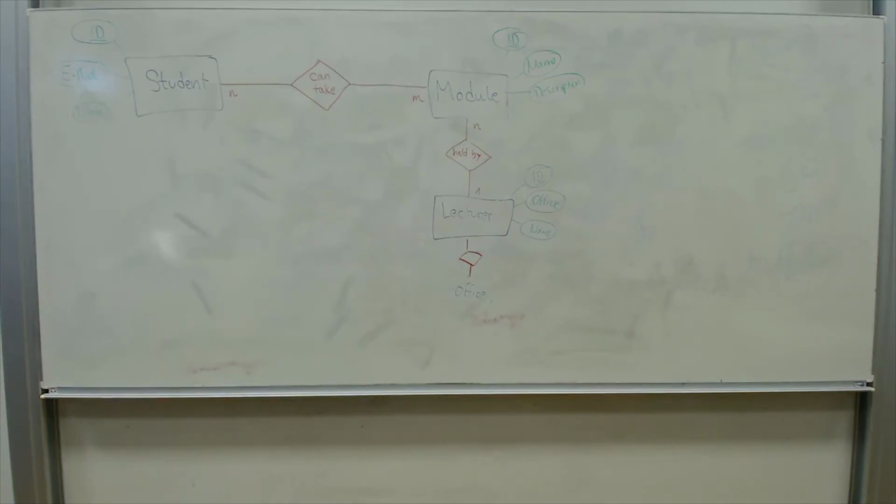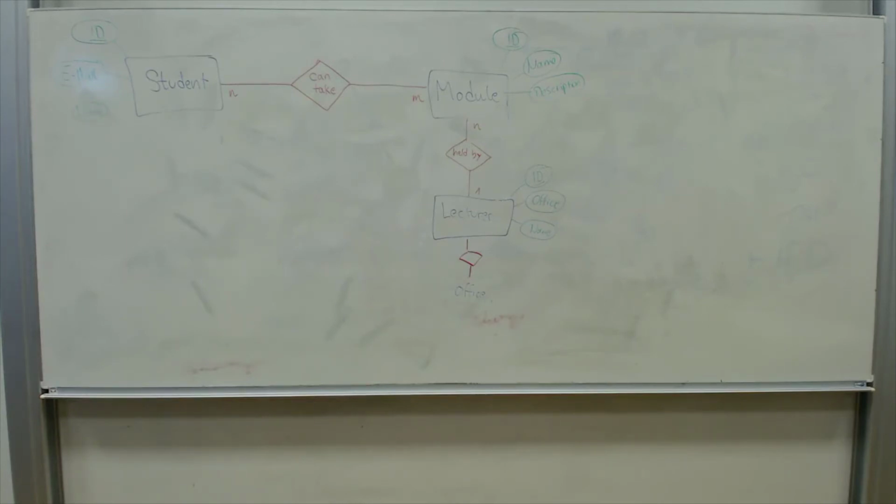That would be an argument, but why would it be an object for us rather than an attribute? Yeah, because there's a cardinality between.